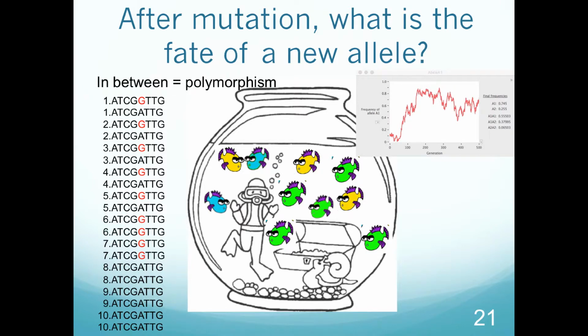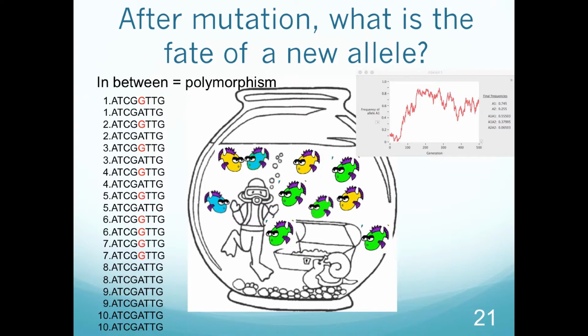However, on the way to fixation, in between extinction and fixation, there exists polymorphism, where you have both alleles segregating in the population. Although one of them is definitely on its way to extinction, we don't know which one is on the way to extinction, especially under a genetic drift scenario.